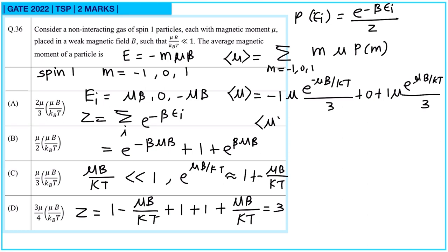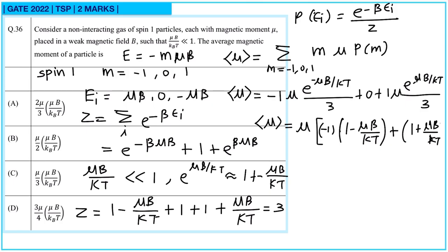So this μ we can take common, and we have this e raised to term. So this can be written as minus 1 into, and again we will use this approximation, 1 minus μB by kT, and plus 1 plus μB by kT, and this whole thing upon 3.